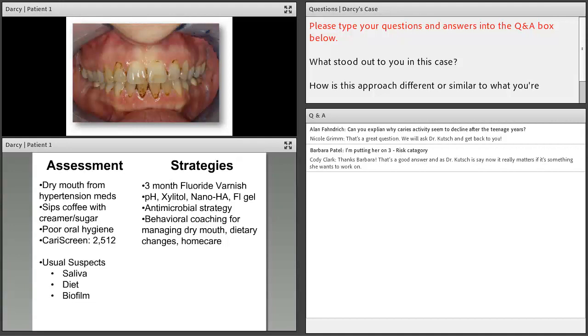So think about that. What stood out to you in this case? Was there anything that was an aha moment, anything that you may have done differently, or just in general, how is this approach different or similar to what you're currently doing?